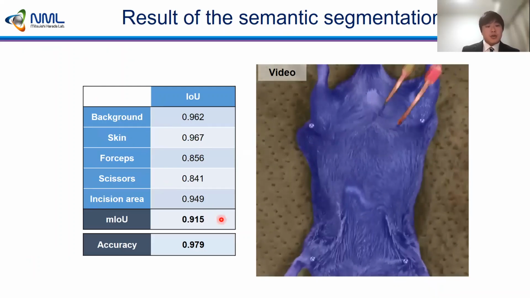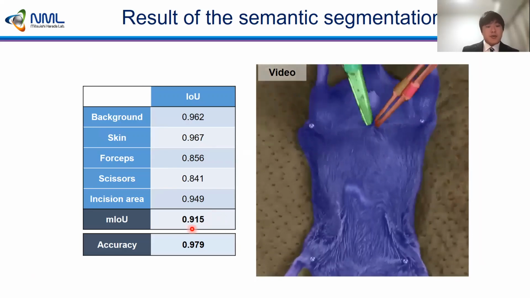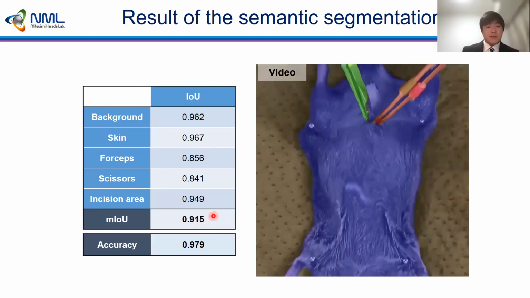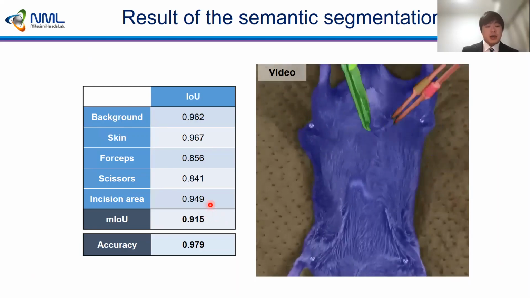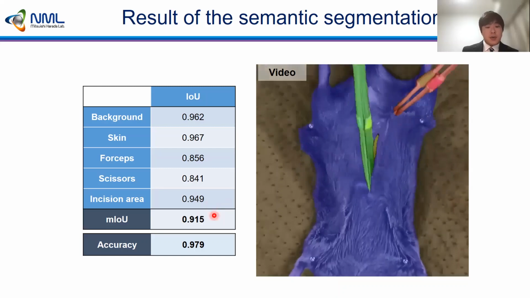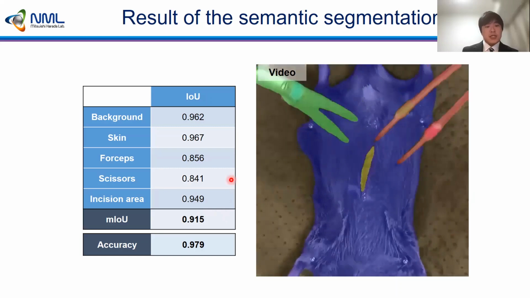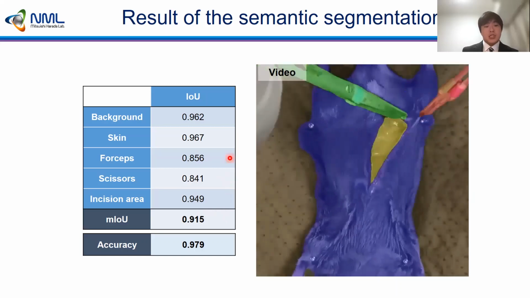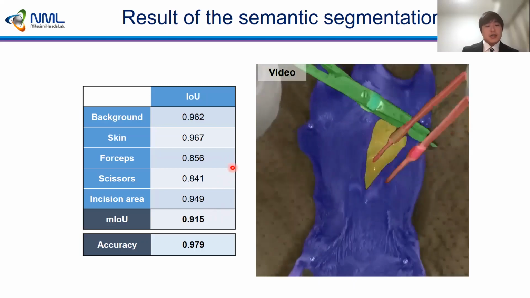Mean IOU of all classes is 0.915, and IOU of incision area is 0.949. This score shows each area could be identified effectively, but the recognition rates of surgical instruments, forceps, and scissors were lower than those for the other classes.